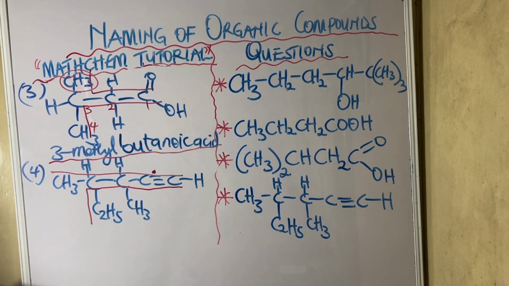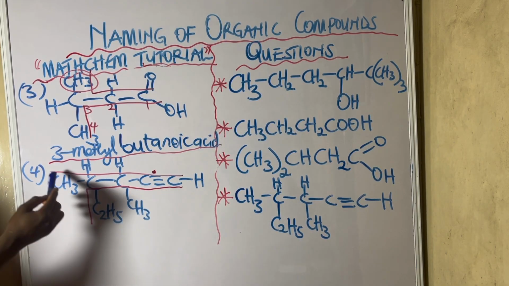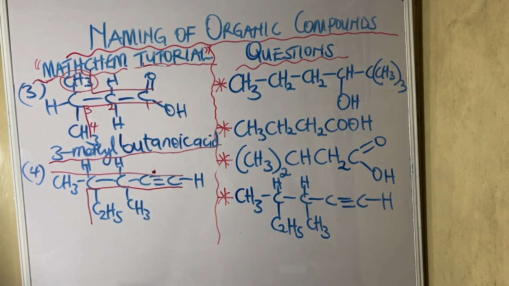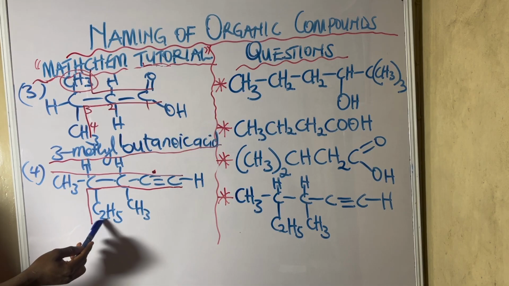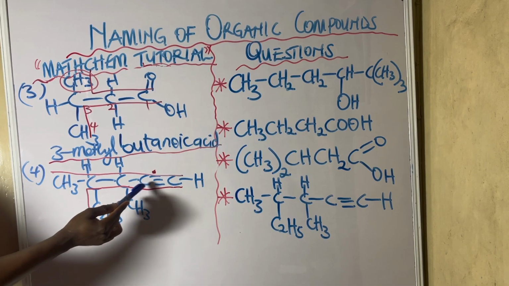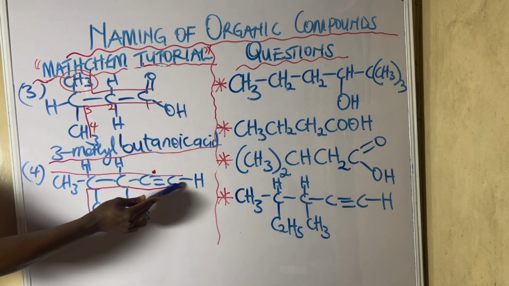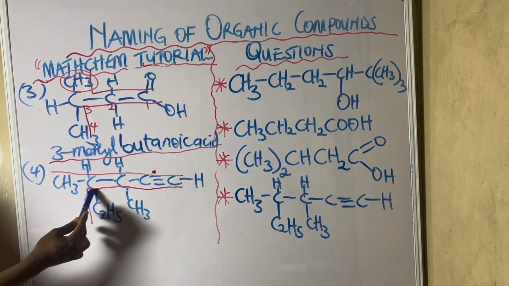We have it as 1, 2, 3, 4, 5. This straight one is 5, but taking it from here, this is 1, 2, 3, 4, 5, 6. You know, there are 2 carbons here, so I have this one as 1, 2, 3, 4, 5, 6. So this is my longest.